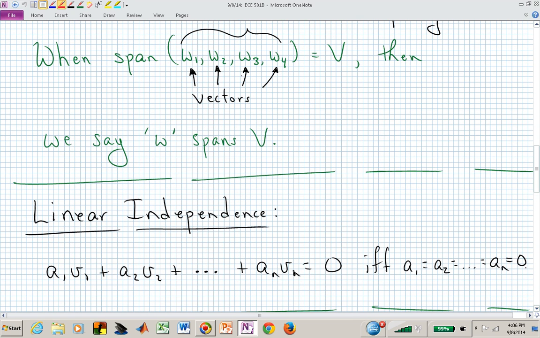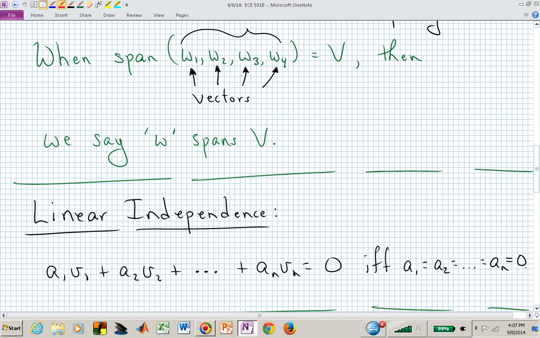To get us where we want to go in today's talk, we need to take those two ideas together. We need something that spans the vector space, but we would also like to have a minimal set of vectors, and we can obtain that by talking about linear independence of the vectors.